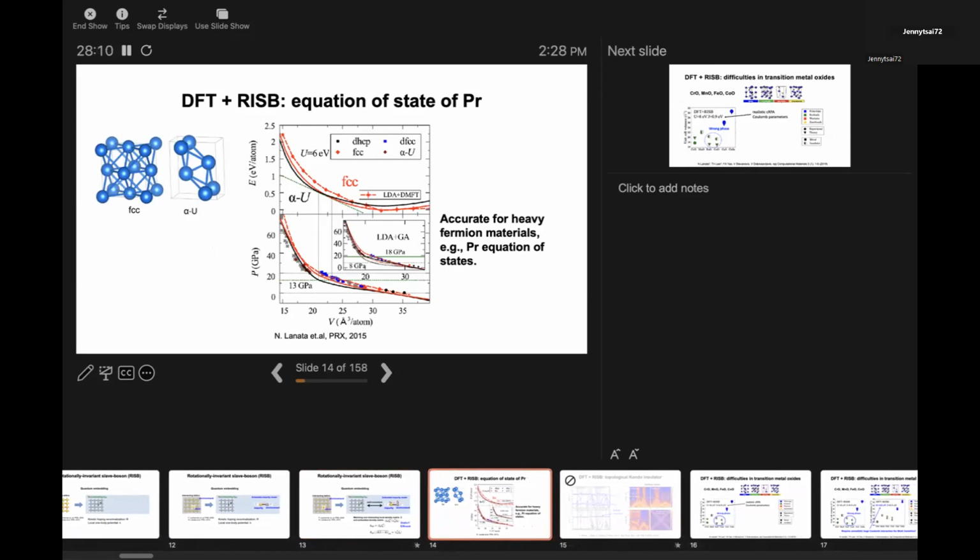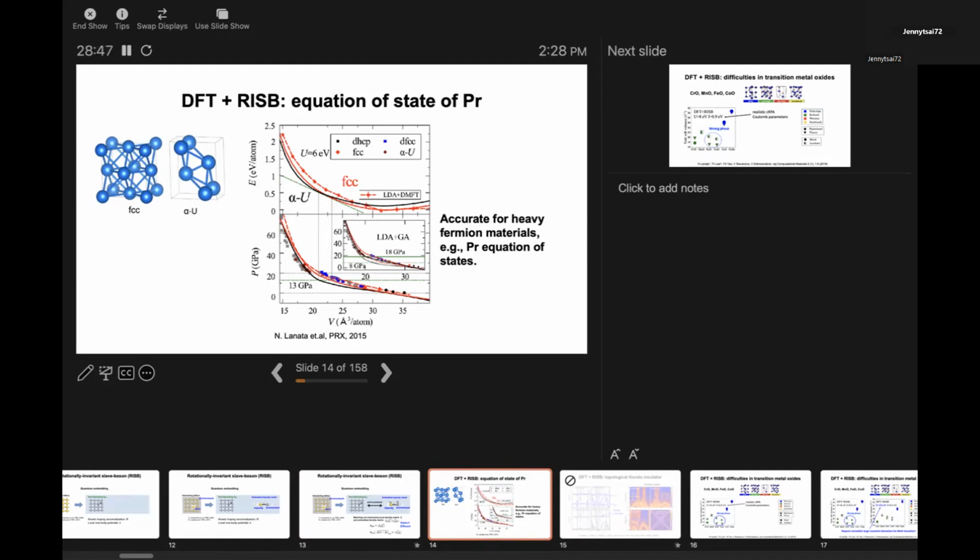You can also combine it with DFT, and it is very successful if we want to study, for example, the total energy of heavy fermion systems. Here in this praseodymium system, there is a transition from the alpha uranium type structure to FCC as one compresses the system. The volume becomes smaller, and we can calculate the energy as a function of the volume.